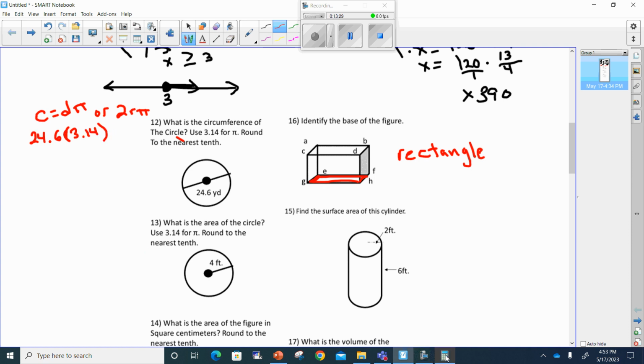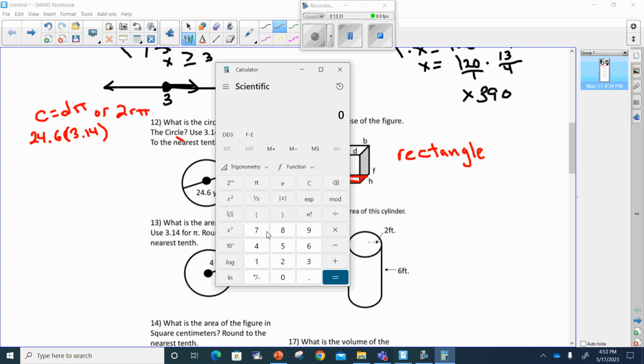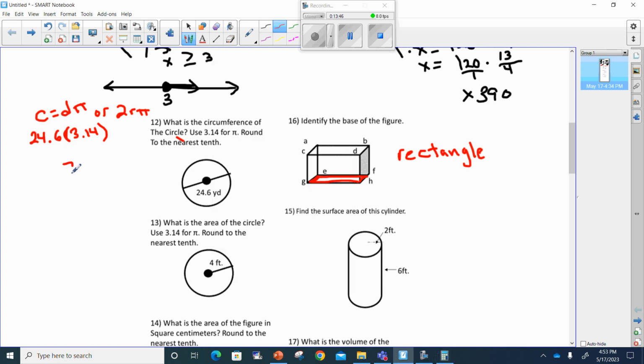So if I do that, 24.6 times 3.14 is 77.244. We're rounding to the nearest tenth. 4 is less than 5, so it'd be 77.2.